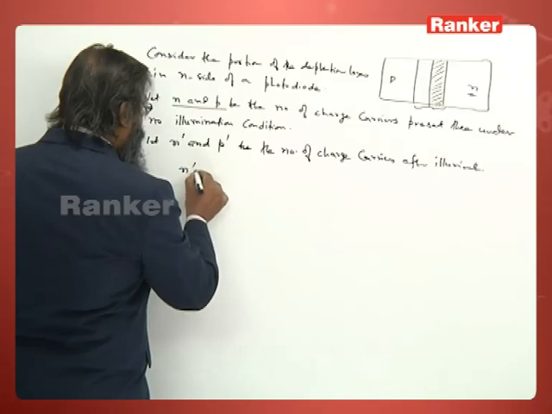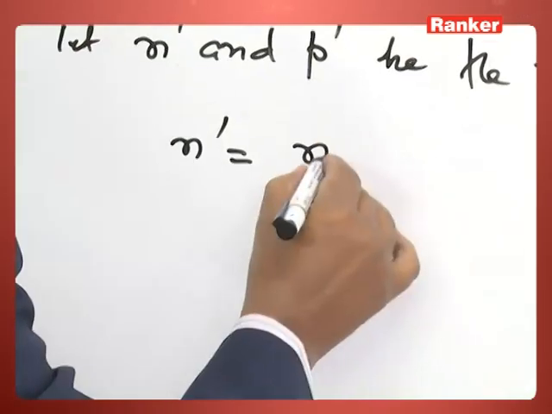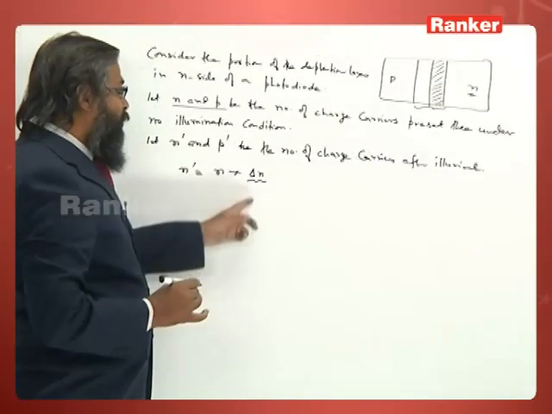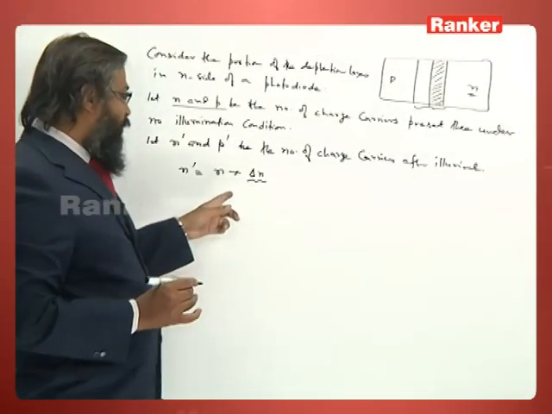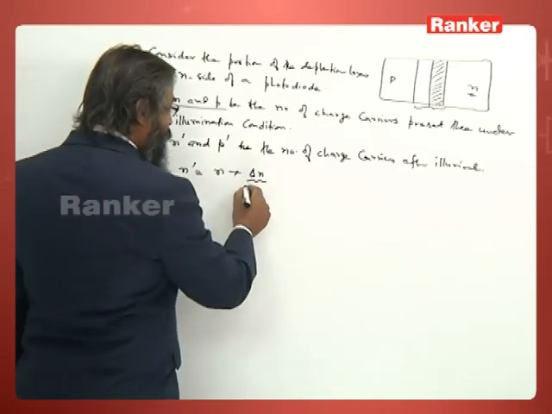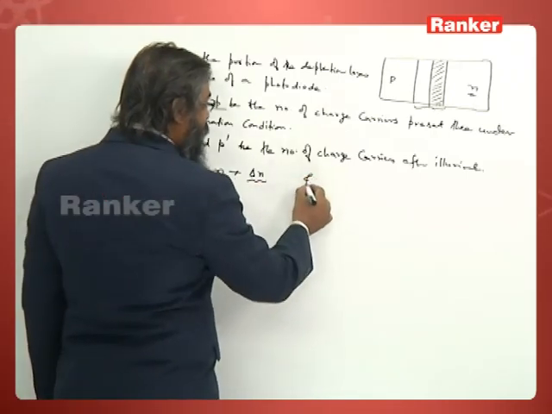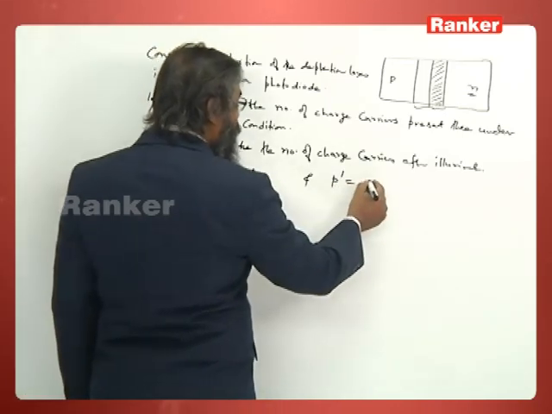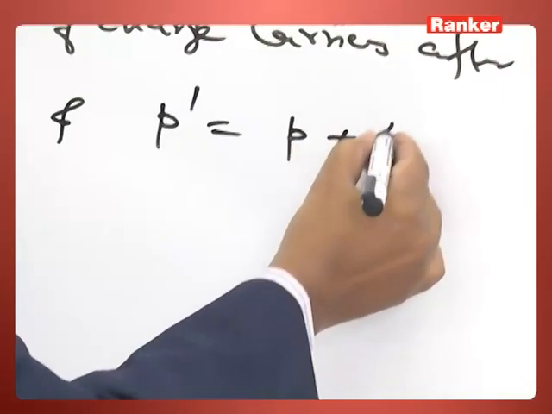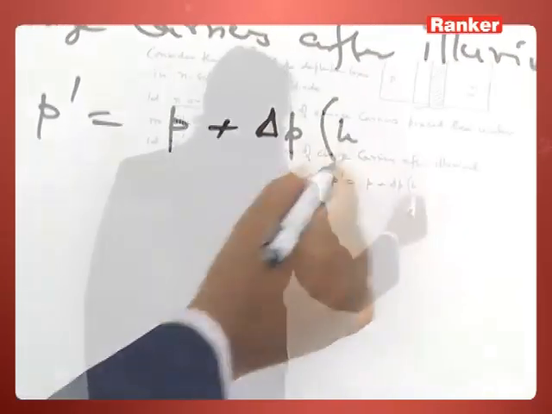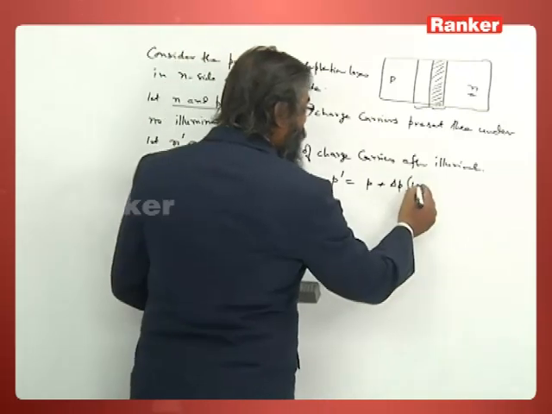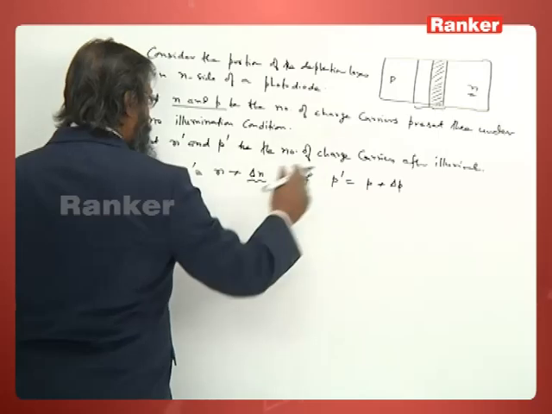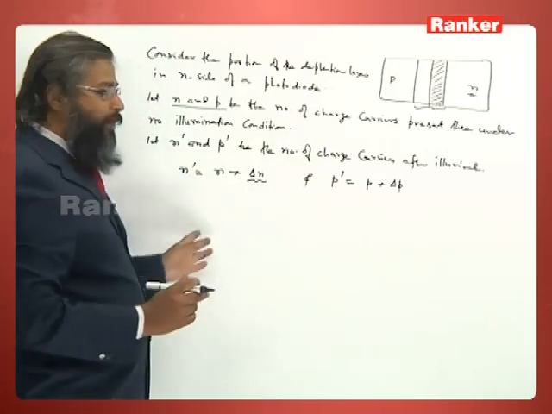N dash will be equal to the previous N plus delta N, where delta N is the number of charge carriers created by photons, and P dash is equal to P plus delta P, where P is the number of holes. So delta P and delta N are created due to photons, h nu light.